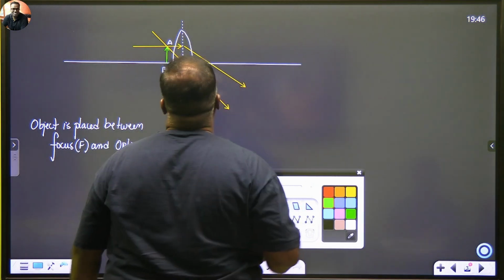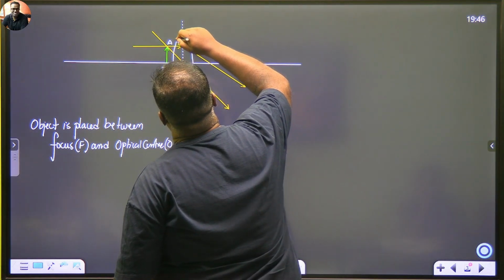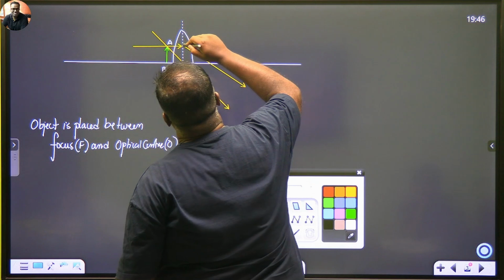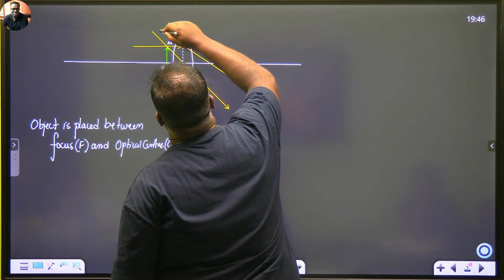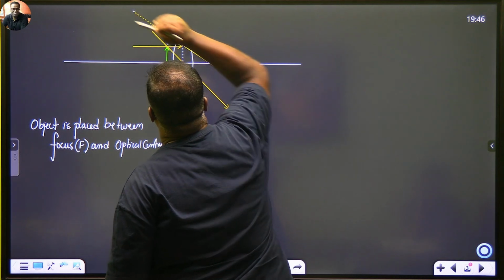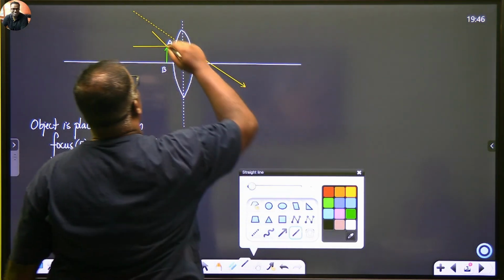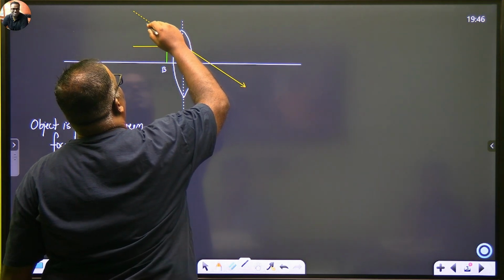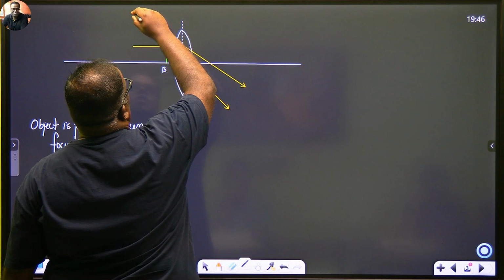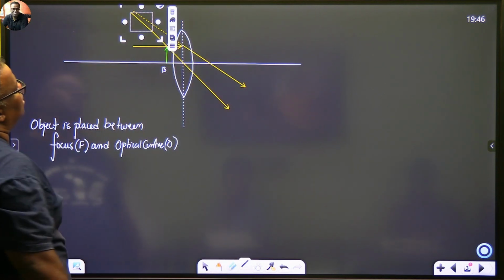Extrapolation. So I do an extrapolation of this particular ray, and I do an extrapolation of this particular ray. If I take it here, it's gone somewhere here, and this ray was originally coming from here.